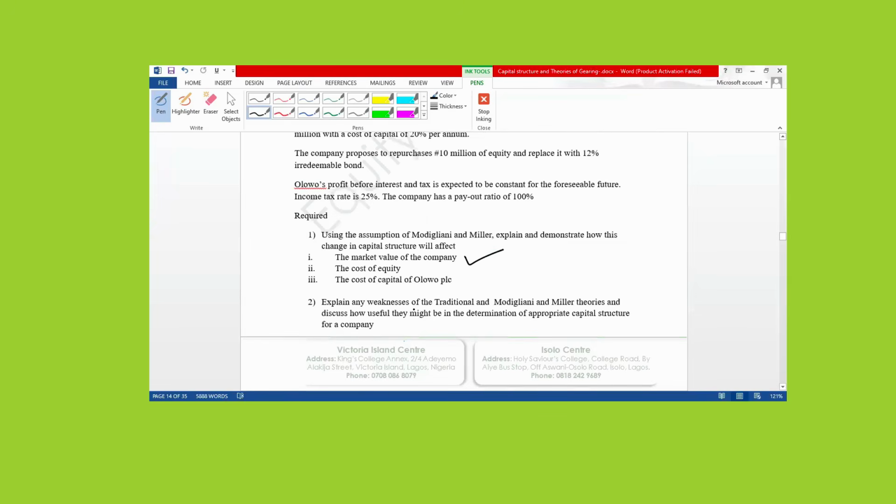We have used the assumption of Modigliani and Miller to explain and demonstrate how this change in capital structure will affect value of the company. It has increased value of the company. Before, the value was 65 million.